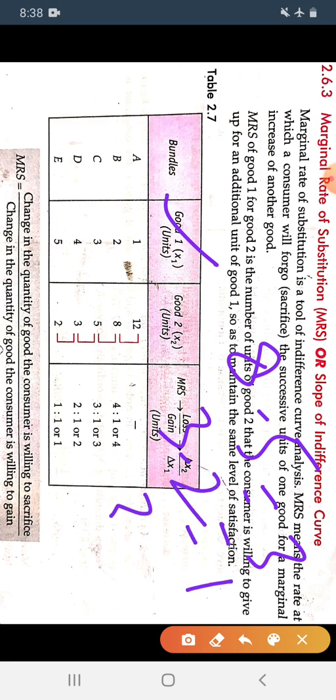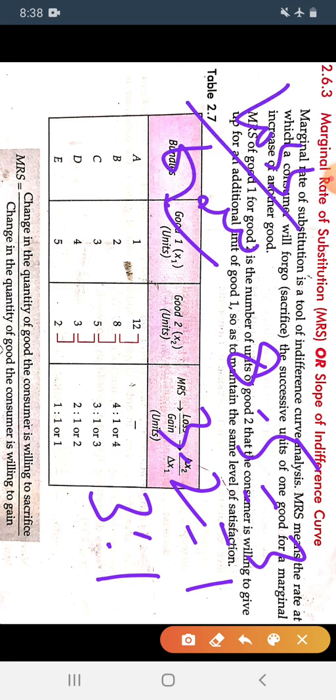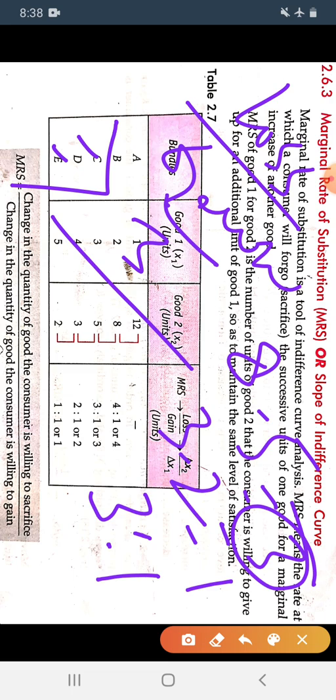Then the ratio will be 3 is to 1. We write it as loss upon gain. What we are losing, good 2, is 3, and what we are gaining is 1, so it is 3.